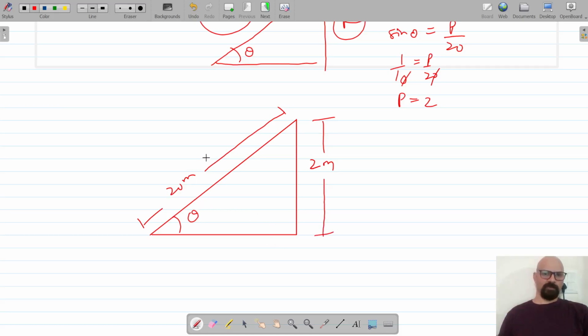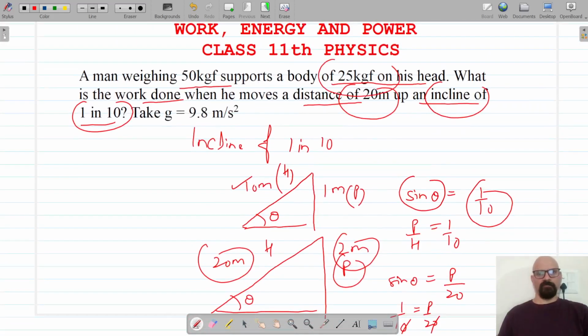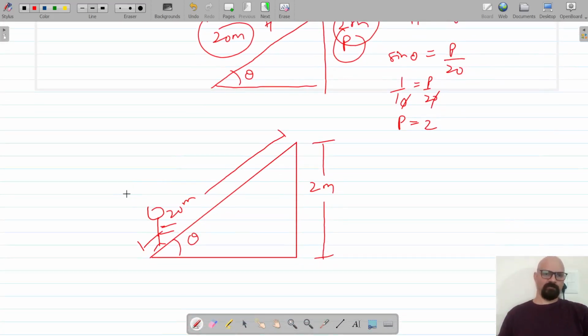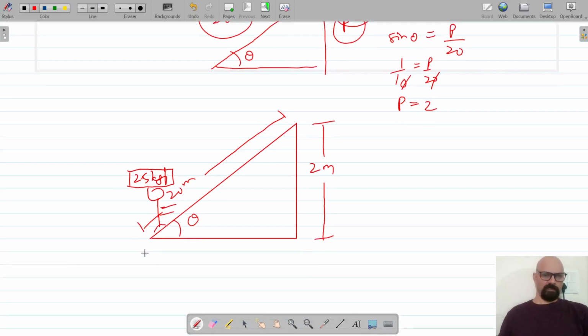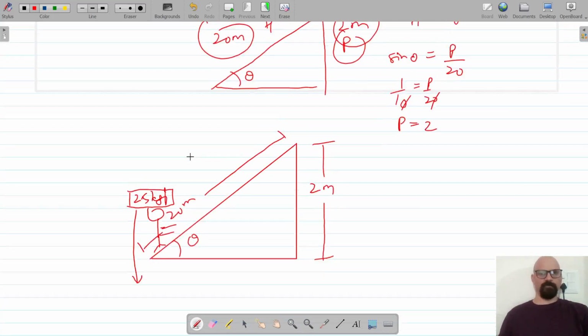Now let's say this man is moving up the inclined plane carrying a body of 25 kgf, which means a mass of 25 kg, and this mass is acting vertically downwards.